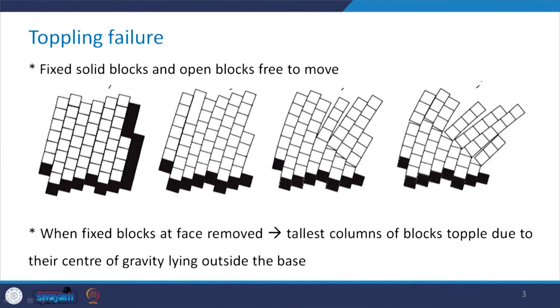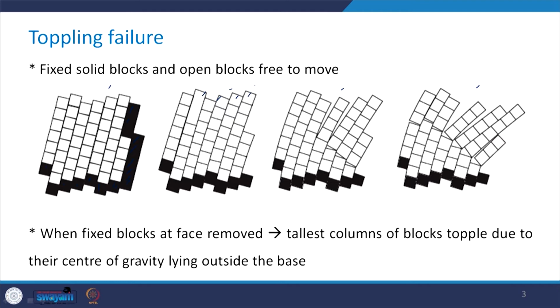The fixed solid blocks and open blocks which are free to move have been shown in this figure, which has four components. These solid lines are the fixed blocks and these are all open blocks, and open blocks are free to move.